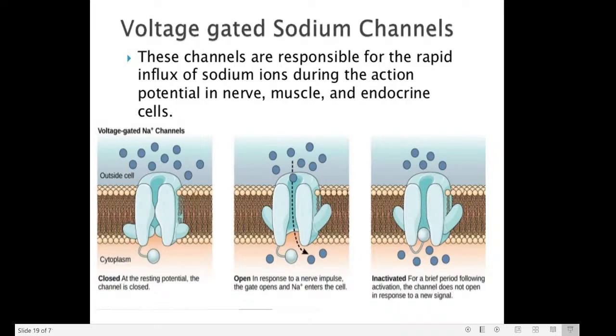This channel allows sodium ions, but it is closed at the resting potential. For a nerve impulse, the gate opens and sodium ions enter. Then, after a particular amount of sodium has entered, it automatically closes.